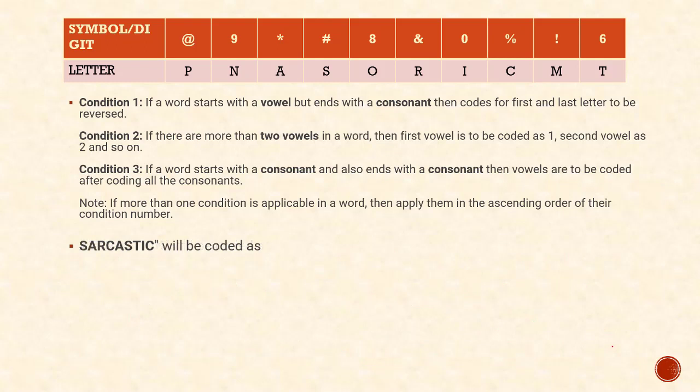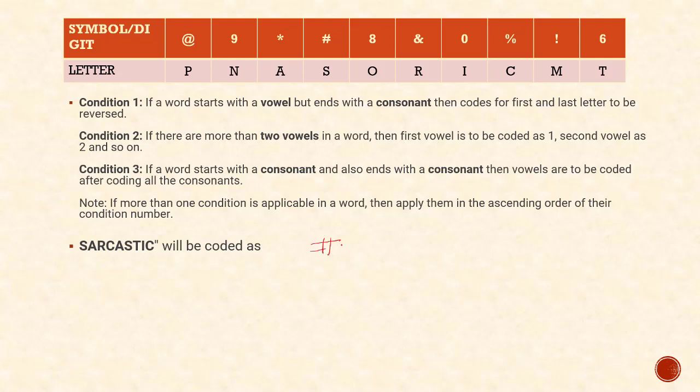Let's have a look at one more question so that we can understand it better. Now we have to code the word sarcastic. So first we will write the usual code using the matrix and then we will apply the conditions.